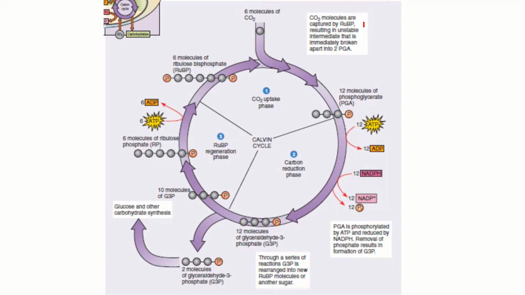CO2 molecules are captured by RUBP, like that the text is explained here, and also the calculation of carbon numbers also is given here very clearly, and NADP, ADP, ATP, etc. are also given. And so this will help you to understand the subject matter in a better manner.